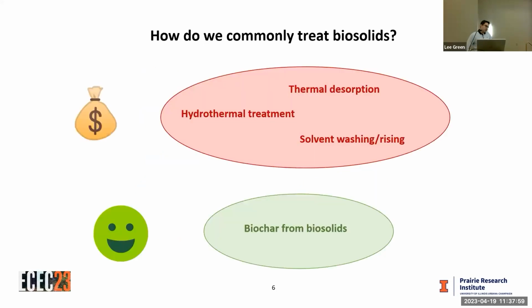So there are some treatments for biosolids, such as hydrothermal treatment or thermal desorption, but they require specialized equipment and a lot of energy. So that might not be cost effective if we want to treat large amounts of biosolids. But one alternative solution is to convert those biosolids into biochar.